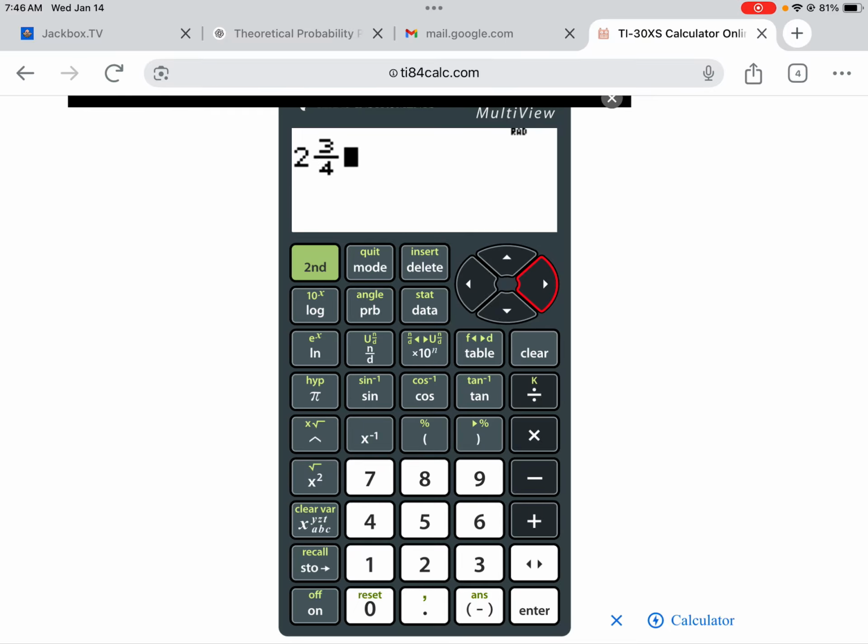And then if you look above your times 10 to the n, it has an n/d, U-n-d. So we're going to push second and then this button right here, and notice that it's changing my mixed number into a normal fraction. If you just push enter, ta-da, it does it for you.